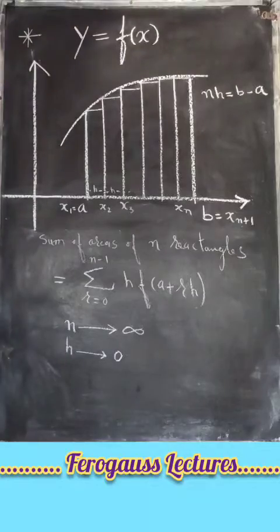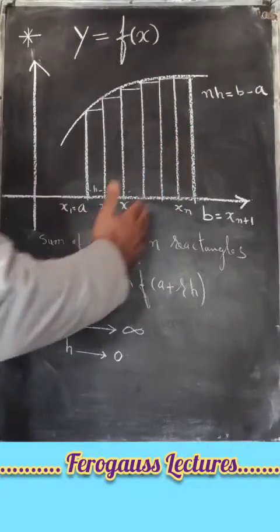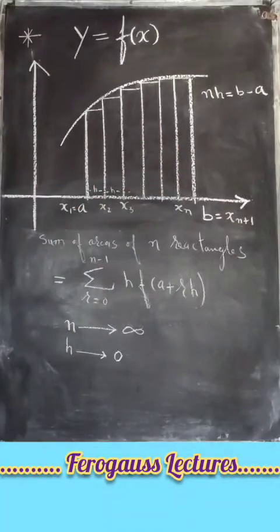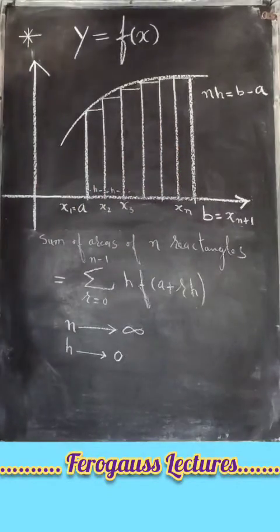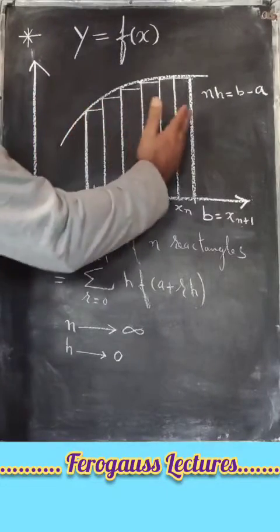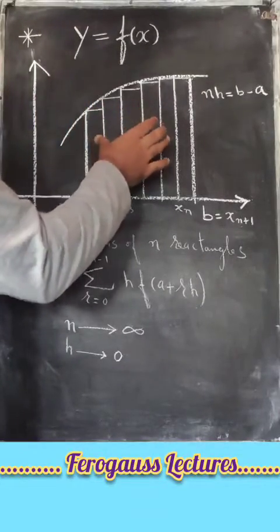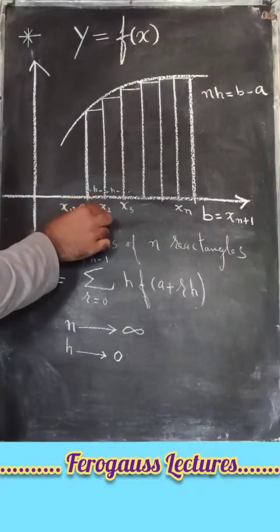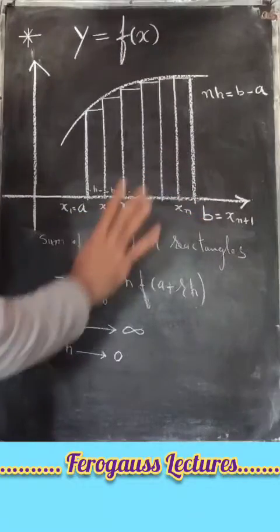So as you increase the number of rectangles, the width of each rectangle decreases. In that case, the summation of areas of these rectangles approaches the area under curve between given points a and b.